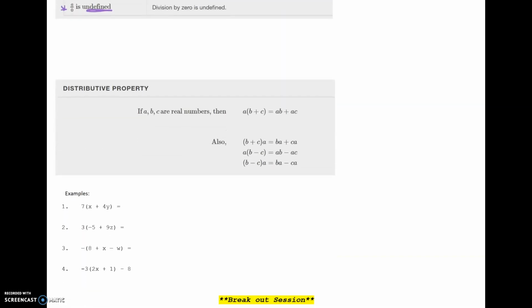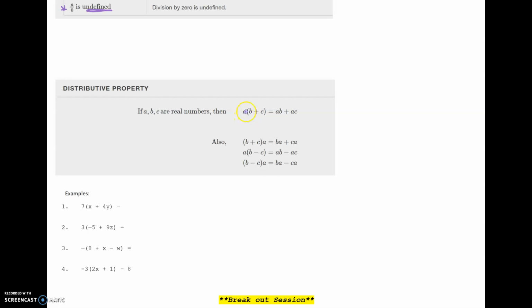Okay. Now, the last thing here is the distributive property. And this is something we are going to practice a little bit because it's incredibly, incredibly important. In the gray box is the mathy way of doing it.